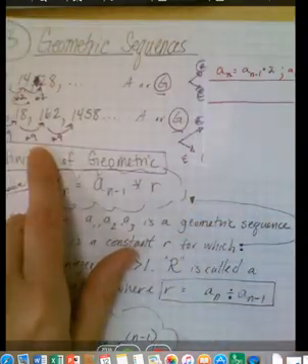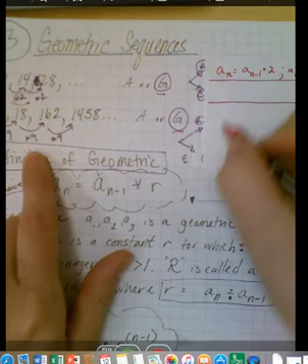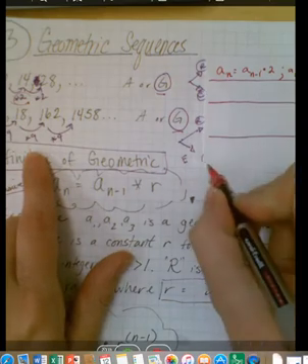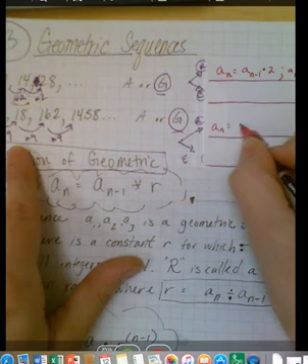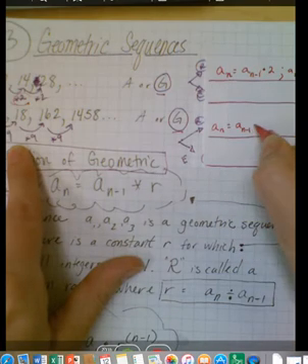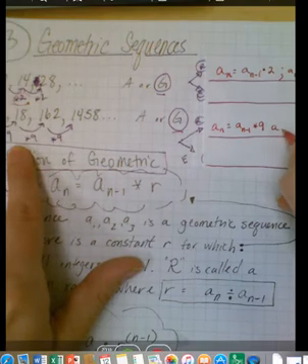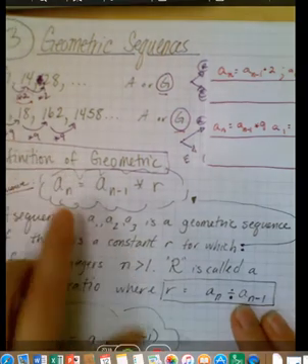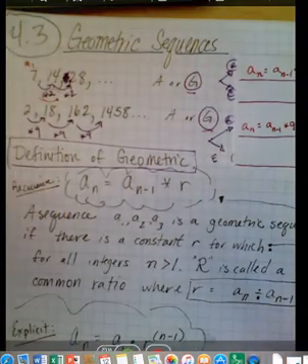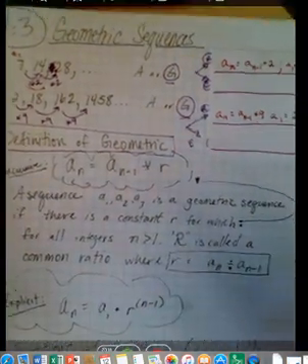Now over here, let's come down here and do recursive on this one. I have a sub n equal to a sub n minus 1, and I'm multiplying by 9, and a sub 1 is equal to 2. Cool.